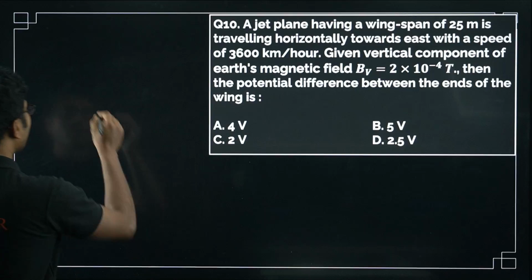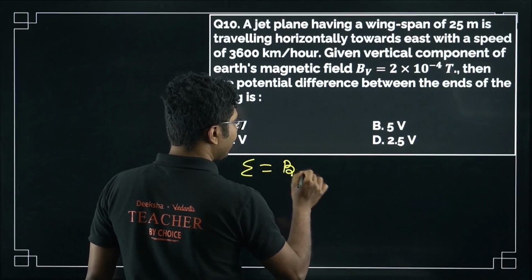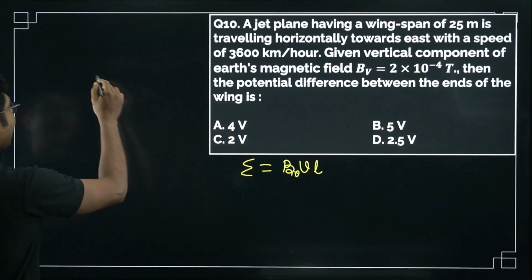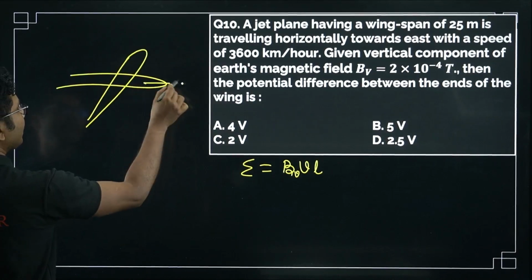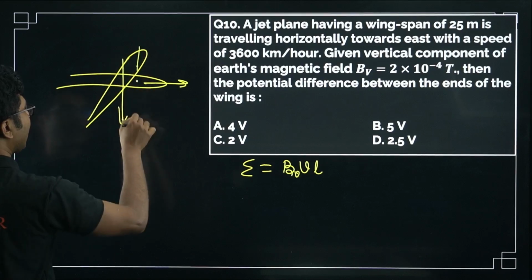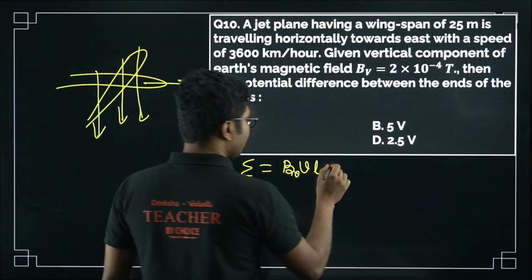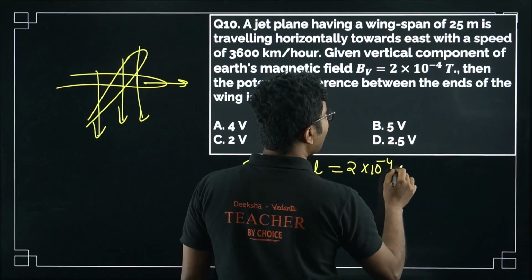Again, same formula, epsilon equals BVL. Only in this case it will be vertical because the plane is moving like this. Okay, plane is moving like this, so only the vertical component of magnetic field will be required over here. So BV is 2 into 10 to the power of minus 4.